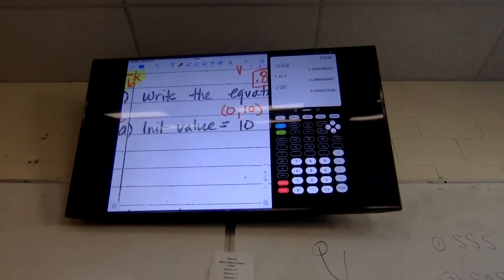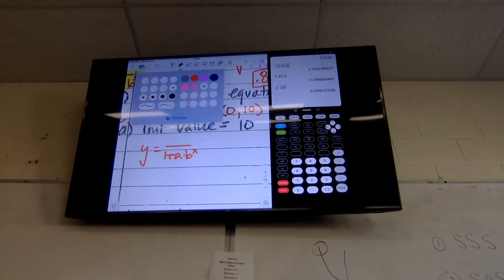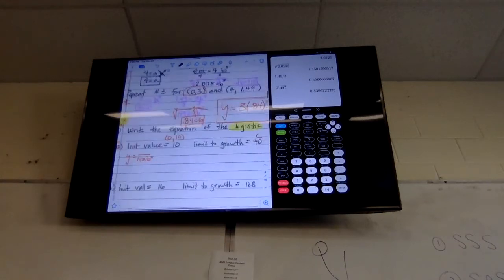Okay, so the general equation is y equals C over 1 plus A times B to the x. And I'm going to take out C. Ooh, that eraser was way bigger than I thought. C is 40 because that's what they told me. My limit to growth is my C, so C is 40.